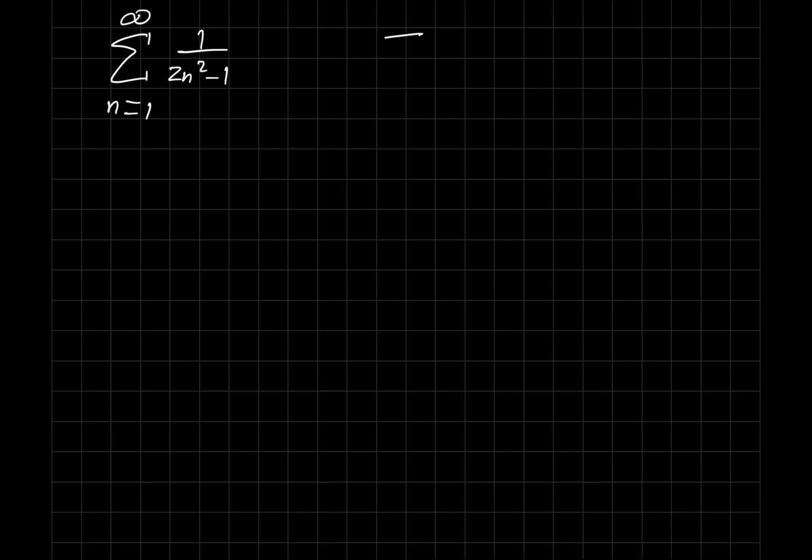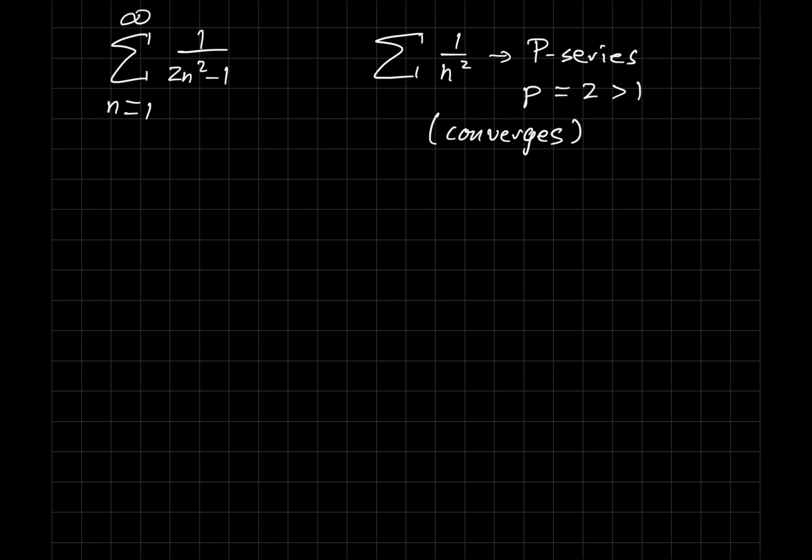So very often we will compare these series to p-series. Not always, but very often. Let's take a look at the p-series 1 over n squared, where p is 2, which is greater than 1, which implies that that known p-series converges.